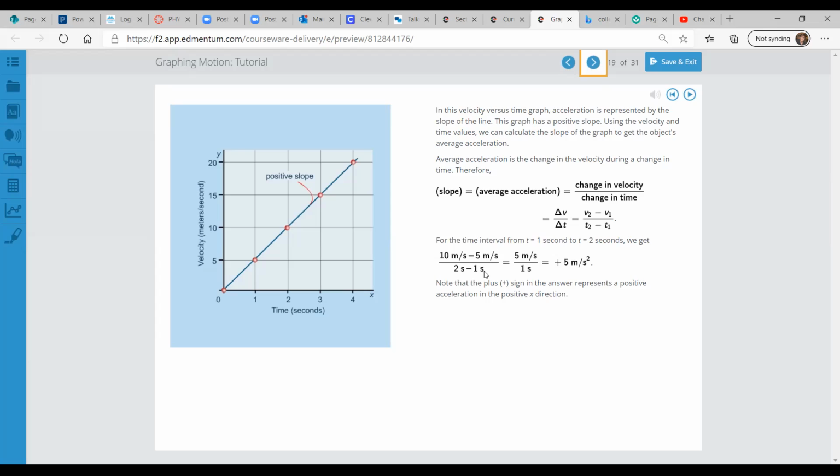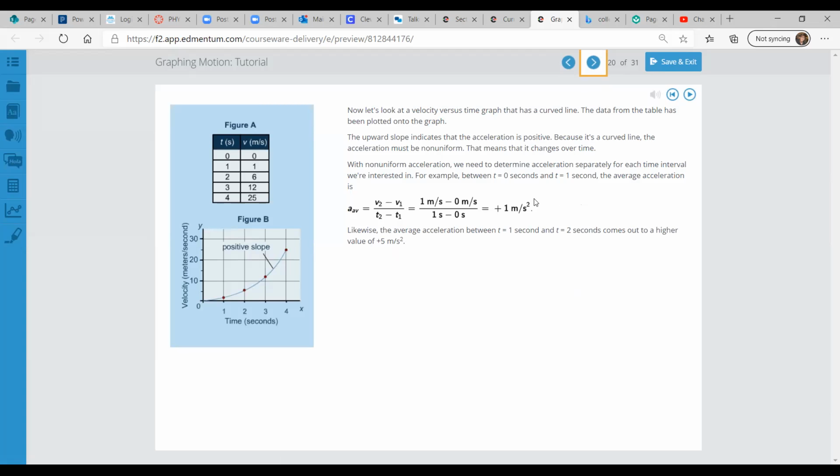Plug in those numbers. 10 minus 5 equals 5 meters per second. 2 seconds minus 1 second divided by 1 second equals positive 5 meters per second, or positive 5 meters per second squared, whatever you prefer to say. But acceleration is a vector, so it needs a direction. Remember.